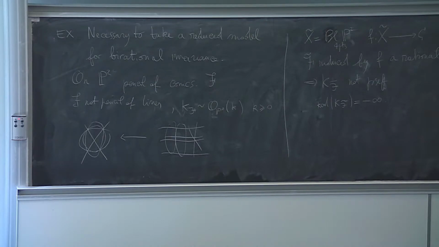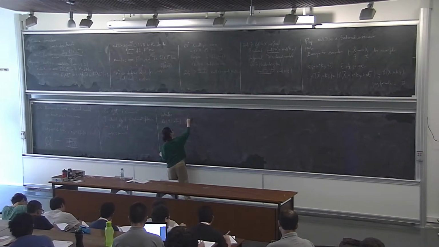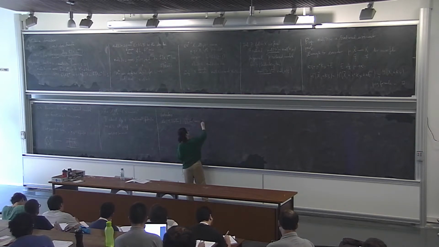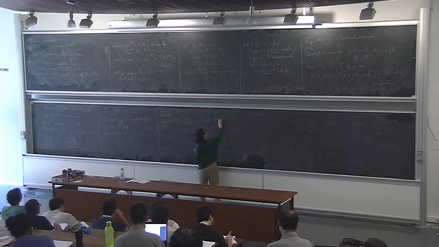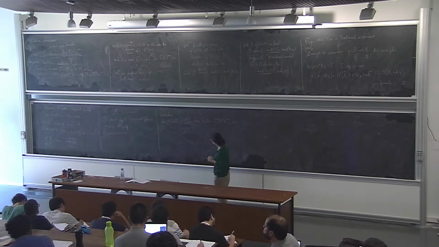So this was just a small example. Yesterday I proved, by McQuillan, and a corollary of the proof was that if a foliation has numerical Kodaira dimension 0, then there exists some natural number n such that the nth power of Kf has sections.